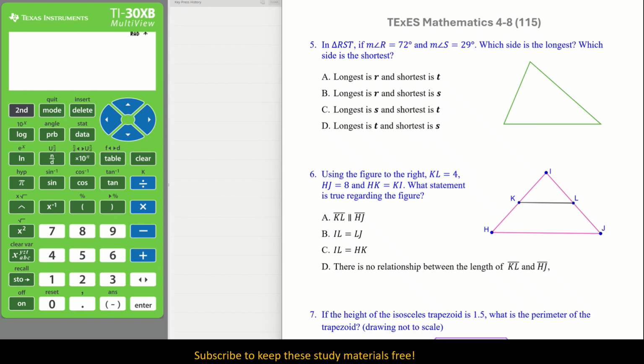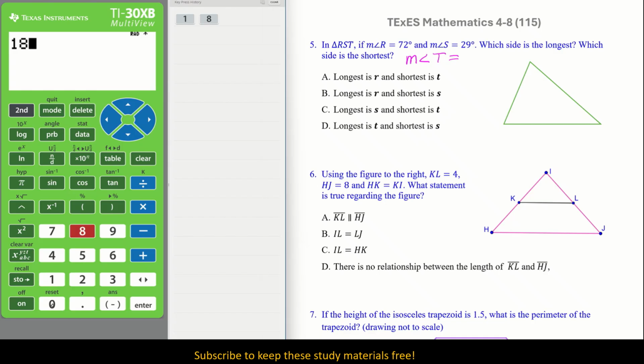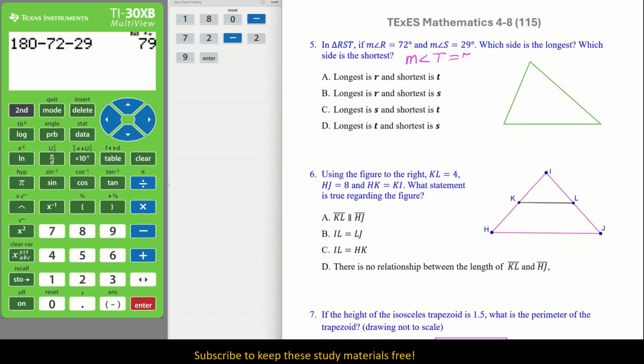So we are looking for the measure of angle T. We need to take 180 minus 72 minus the 29, and that will give us 79 degrees for the measure of T.